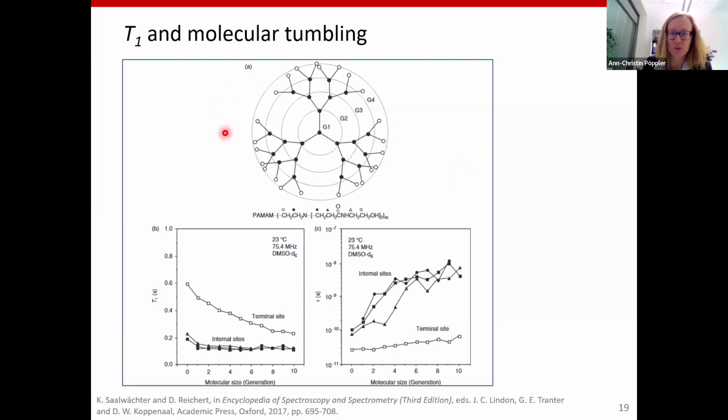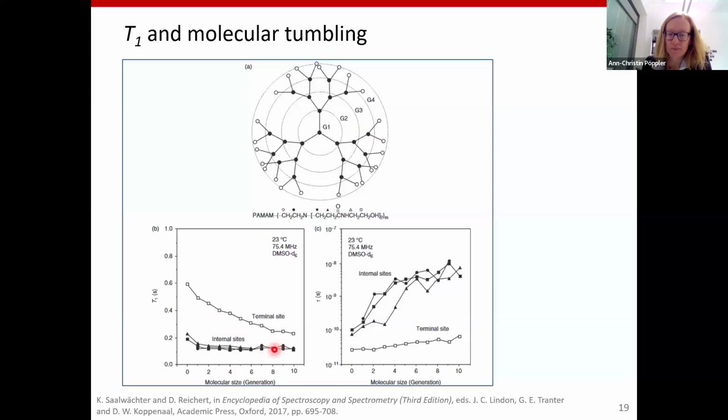And for the T1, I would like to focus on these dendrimers and work by Dahlwächter and Reichert that was published as a book chapter. And you find these branched dendrimers in different generations, so different sizes of the overall dendrimer.